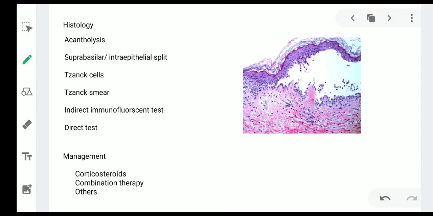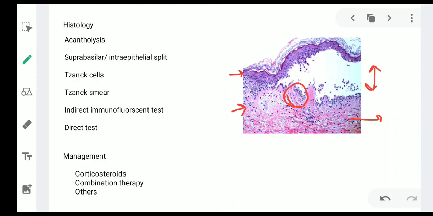Now coming to the histology of pemphigus vulgaris. As you can see, this is the upper part, this is the epithelium, this is the connective tissue. So there is a split here. As you can see, these are the cells of the epithelium, but they are attached to the connective tissue.